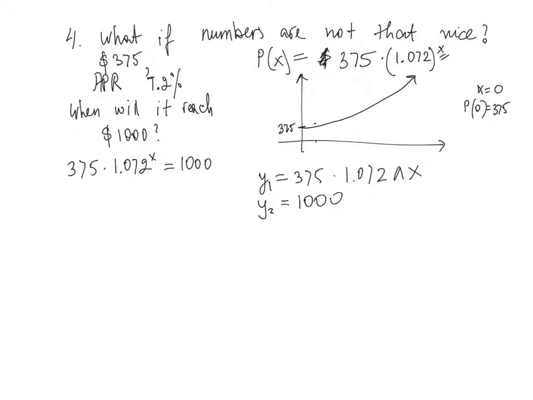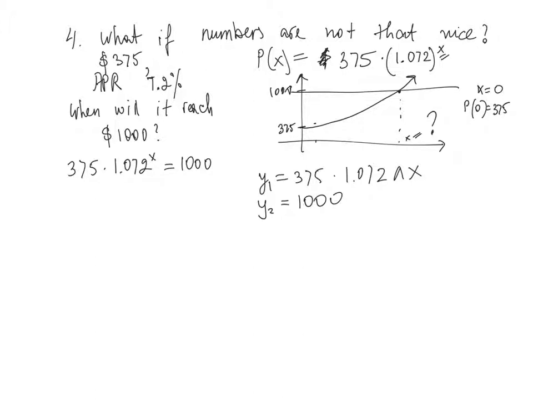So 1000 will be somewhere around here. And you're going to have this line, y equals 1000. And you're going to see where my graph, my exponential curve, reaches that level. You want to find the x value. What is the x for that? That's what the problem asks. So the sketch helps visualize it, but you really need to graph it with a calculator.